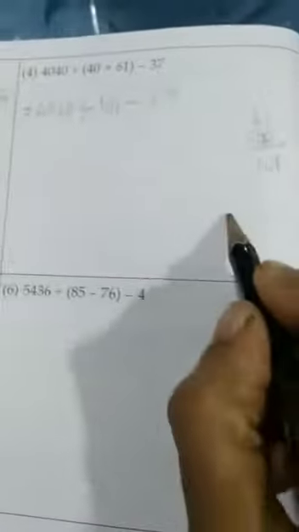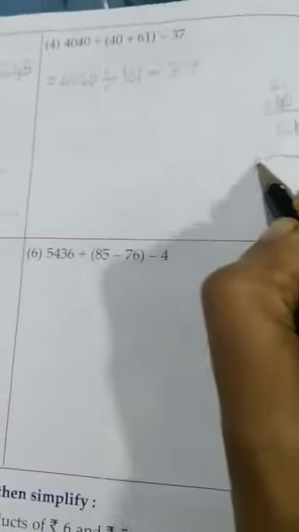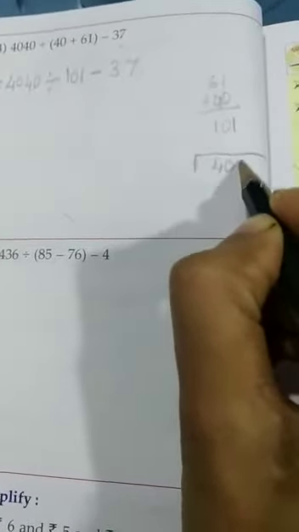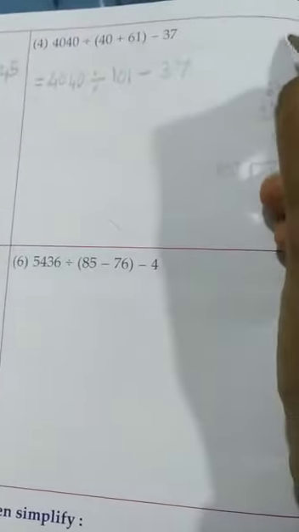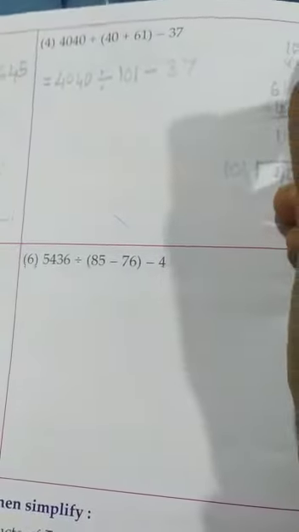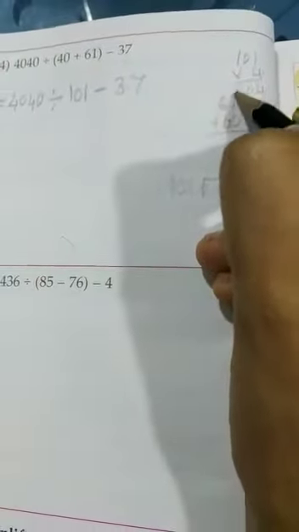Next what you have to do? You have to divide 440 by 101. Now you know 101 into 4 is 404.